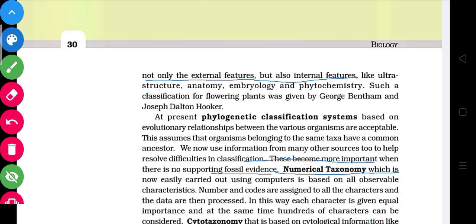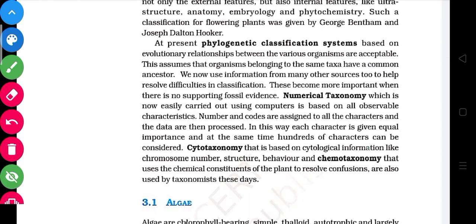These characters are also considered under this natural system of classification. Such a classification for flowering plants was given by George Bentham and Joseph Dalton Hooker. I already told in my note that Bentham and Hooker's classification is an example of natural system of classification. Okay, now we can move to the next paragraph.